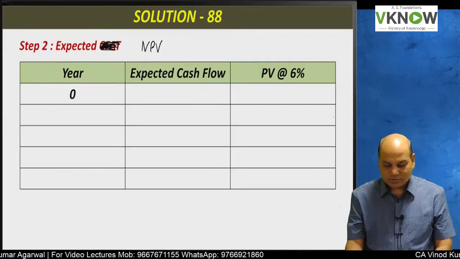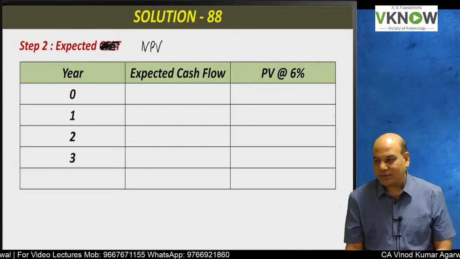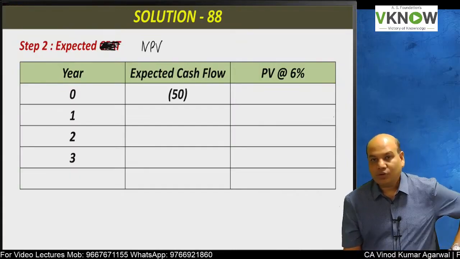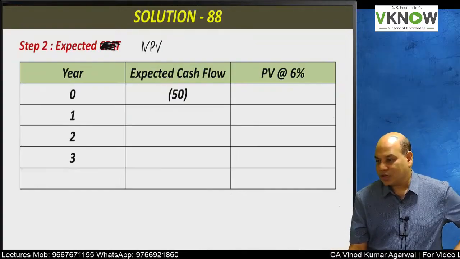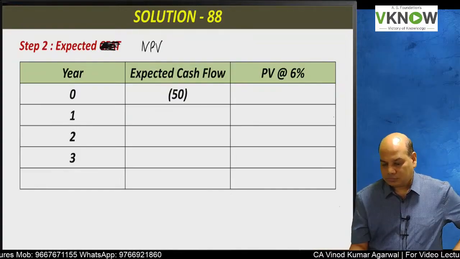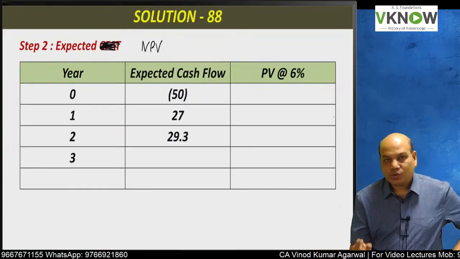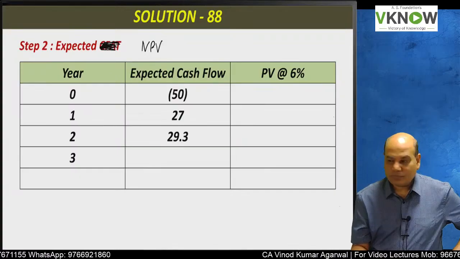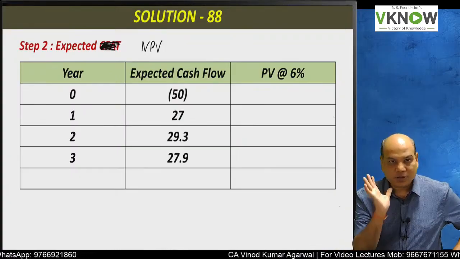Year 0, 1, 2, 3. Expected cash flow at year 0 is 50, year 1 is 27, year 2 is 29.3, year 3 is 27.9. This is from the previous table.